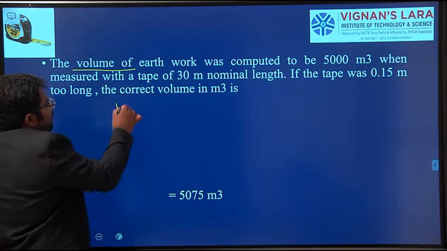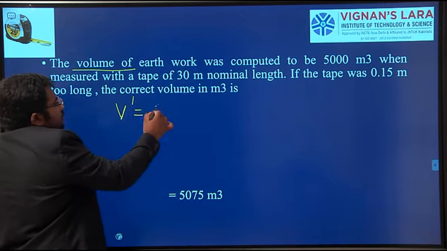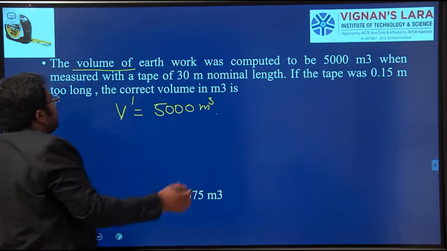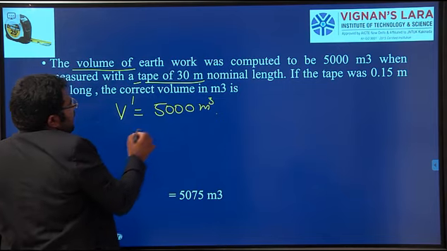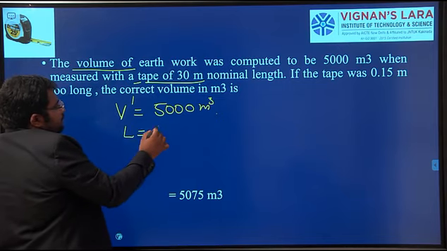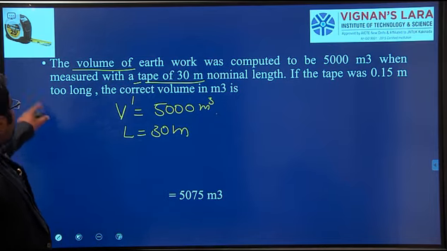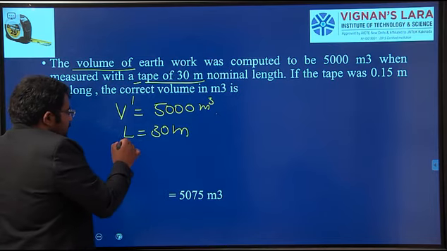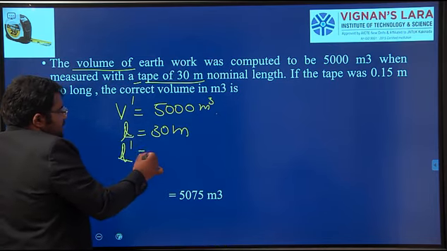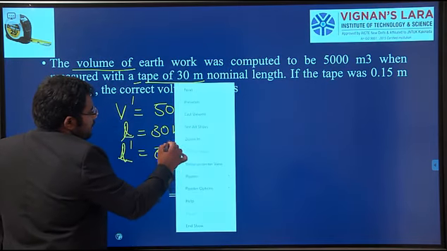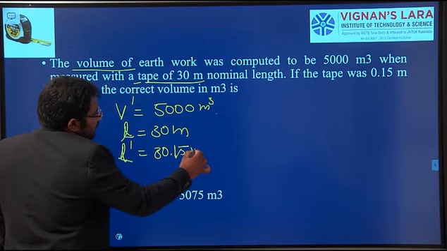Next, another problem for volume. V dash is equal to 5000 meter cube, measured with a tape of 30 meters, but the tape was 0.15 meters too long. That means L dash is 30.15 meters.